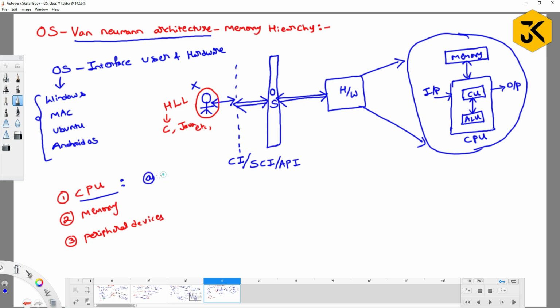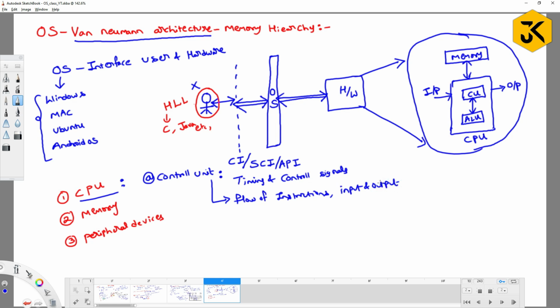One is the control unit, which is generally responsible for handling various timing and control signals, guys. In other words, it controls the flow of instructions. It will direct all peripheral devices how to work, and it can monitor how input and output devices work. All that is managed by the control unit.